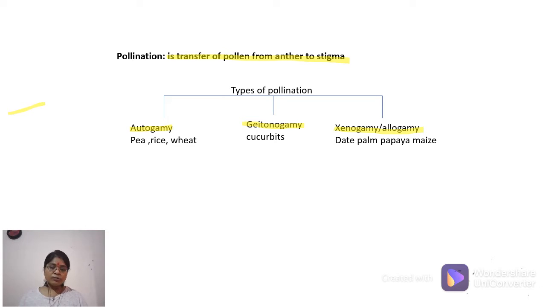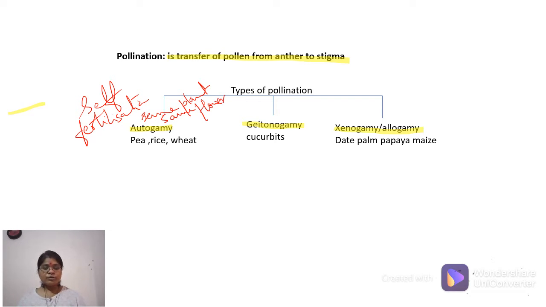Now what happens in case of autogamy? Let's see. Autogamy means self-fertilization. That is what is happening in the same plant, the same flower, and the pollination is taking place.